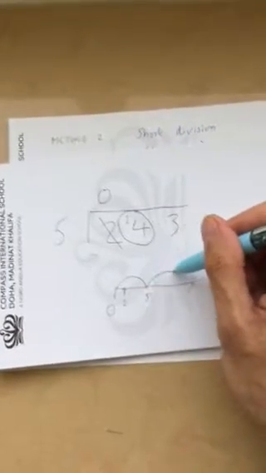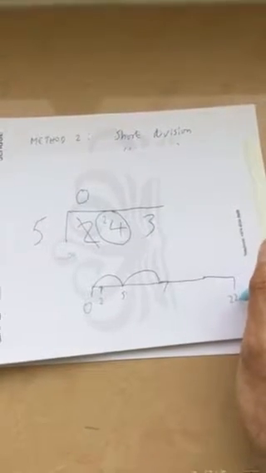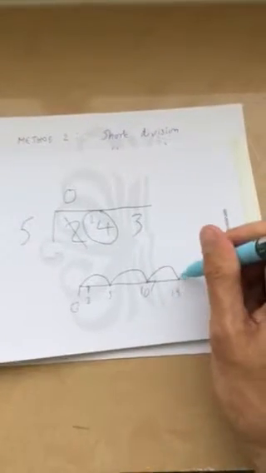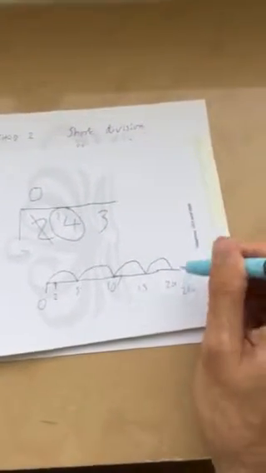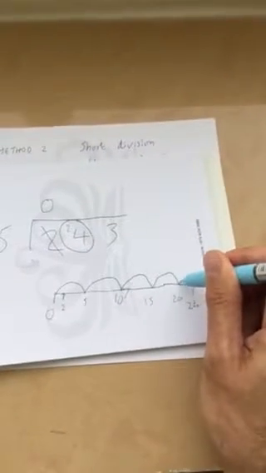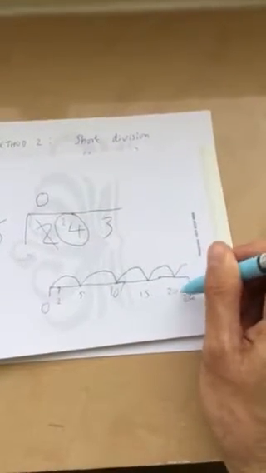Right, does 5 go into 24? Probably. Let's go. 5, 10, 15, 20. Now if I went to the next one, it'd be 25, which is here. So we've got a remainder of 4.